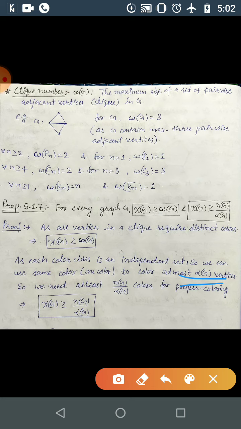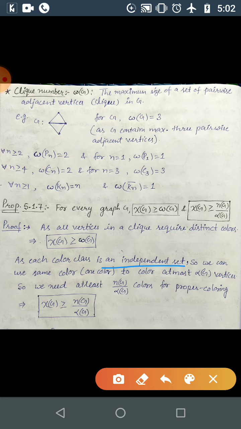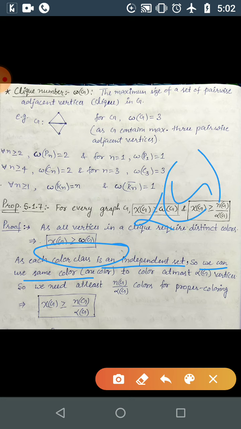We use one color, the same color, to color each class, which can have at most alpha of G vertices. So an independent set can have at most this much cardinality, correct.